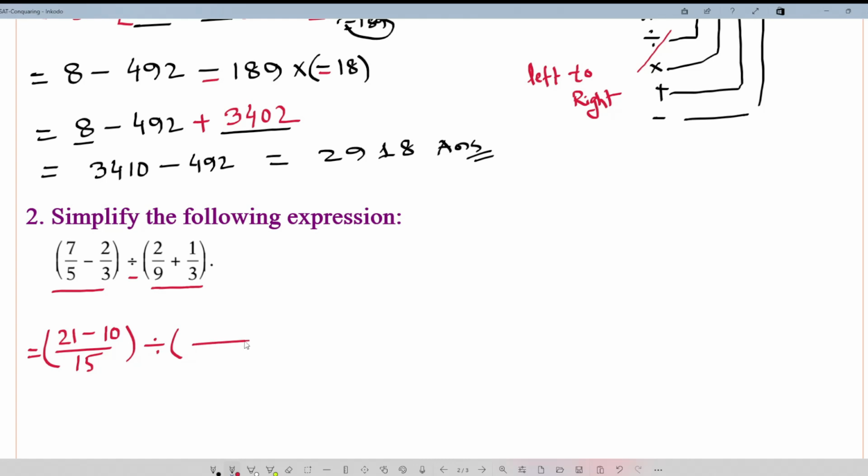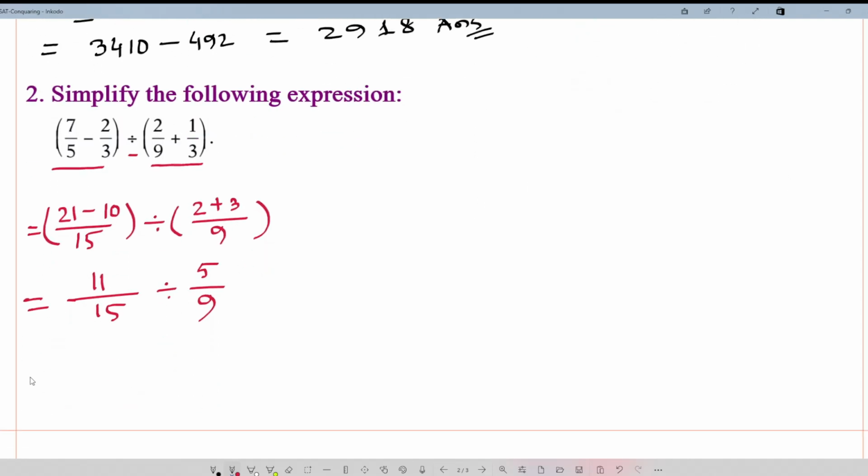Here also it is the same thing, the LCM of 9 and 3 is 9. So 9 divided by 9 is 1, 1 times 2 will be 2, then plus 9 divided by 3 is 3, 3 times 1 will be 3. Now 21 minus 10 will be 11 over 15, divide 2 plus 3 which is 5 over 9.